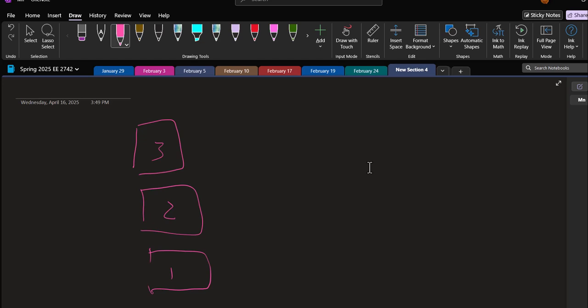For debugging, I would say probably floor 1, the at-rest floor 1. And so that would also be reset.